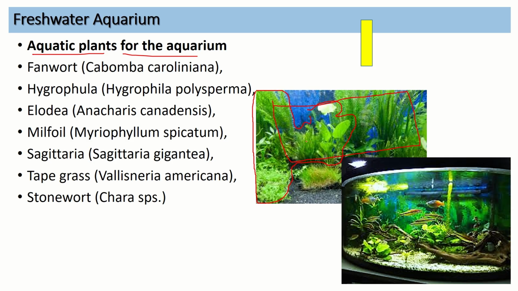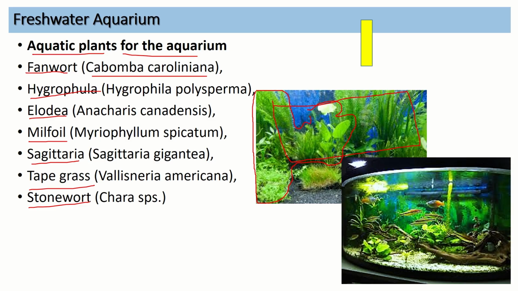Actually, the amount of O2 produced by aquatic plants of an aquarium depends on the number of particular plants. Some important plants prescribed for freshwater aquariums are Fanwort, Cabomba, Carolinea, Hygrophila, Elodea, Milfoil, Sagittaria, tape grass, and stonewort.